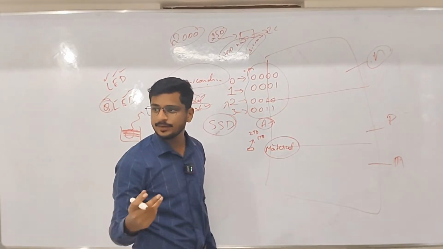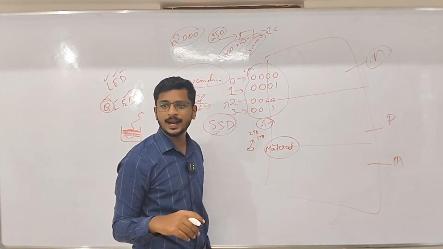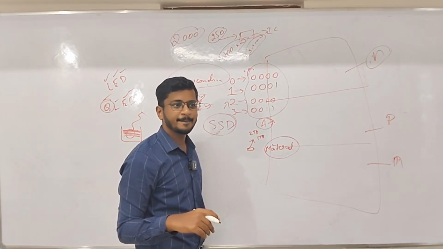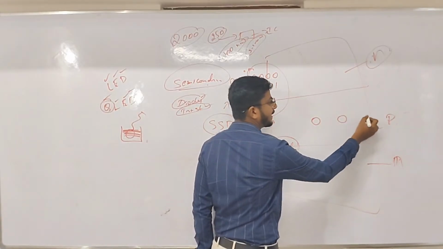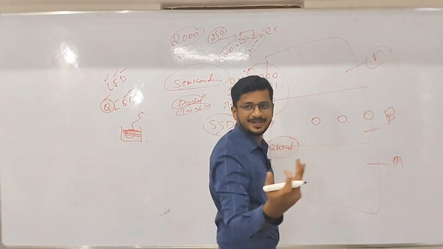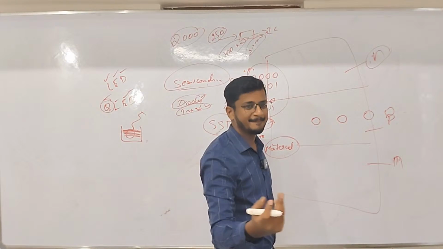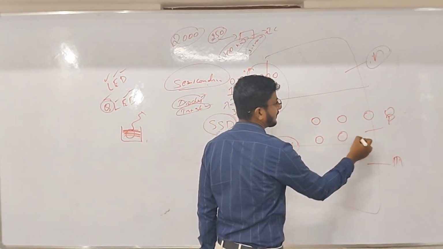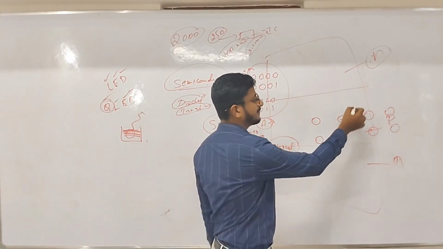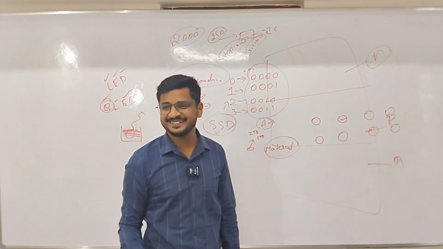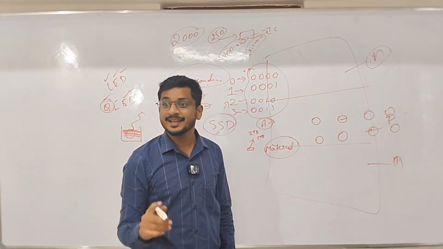What is on and off? For example, if this is the atom, all materials are made up of atoms, right? Now I will tell the atom, please be on. Yes, exactly.